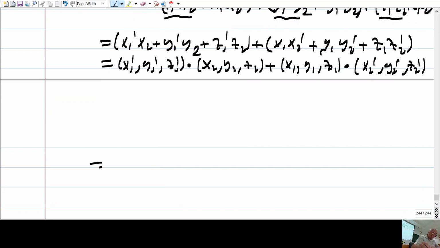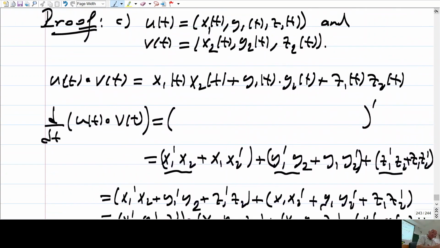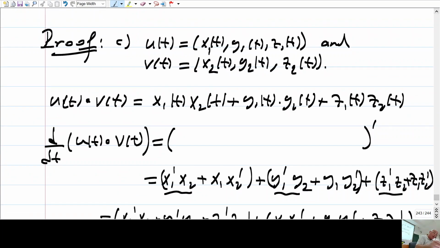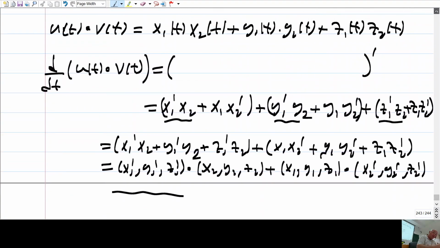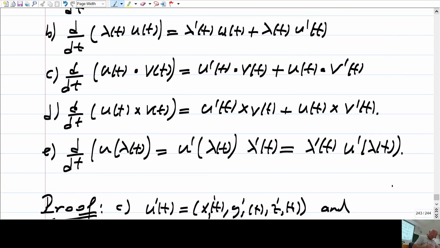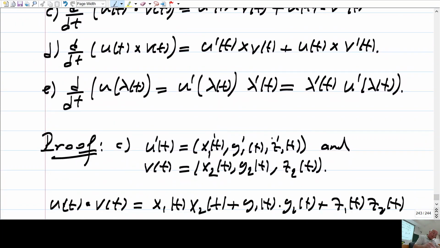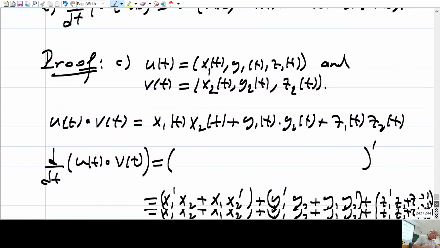So what is this result? What is this term? u is this. What is u prime? u prime is just this. So this vector here, (x1 prime, y1 prime, z1 prime), is just u prime, right?